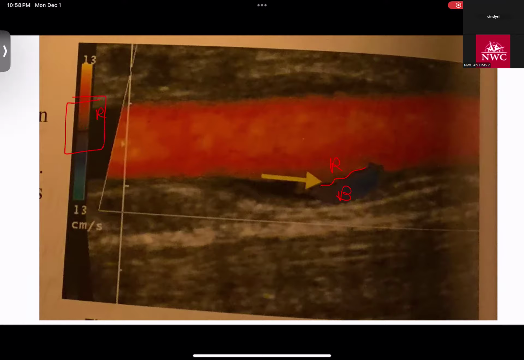You have red, a thin line of black, and then blue. That's flow reversal and not color aliasing. Color aliasing would show a mixture of colors that are located at the color bar extremes. So it would be the yellow mixed in with this color. I'm not sure what color that is. It would be those colors instead of the pattern of red, a thin black line, and blue, which represents flow reversal.